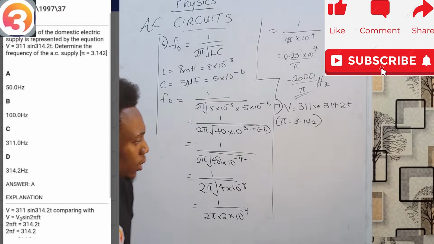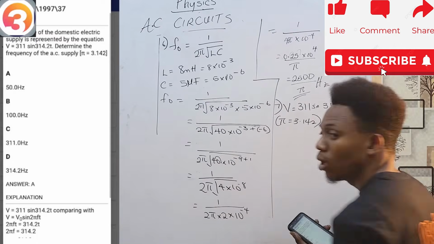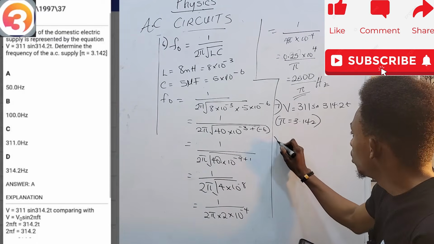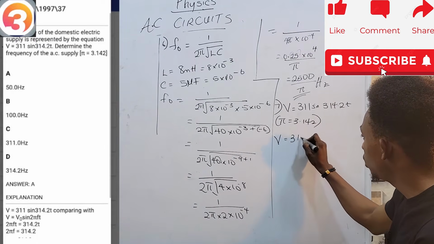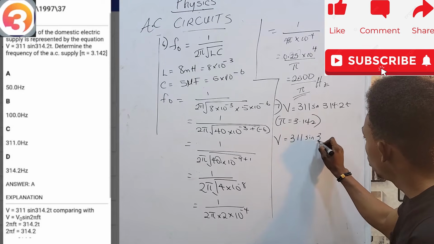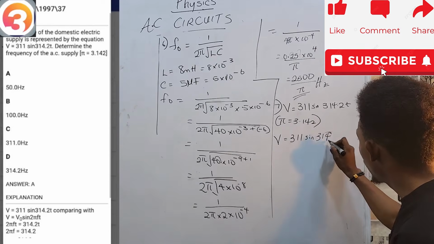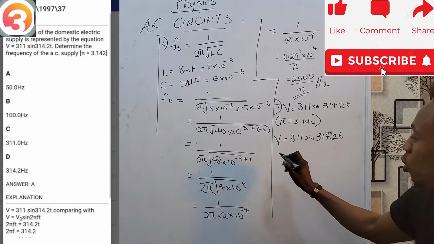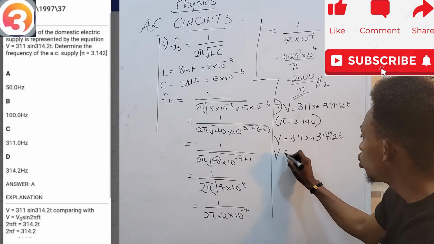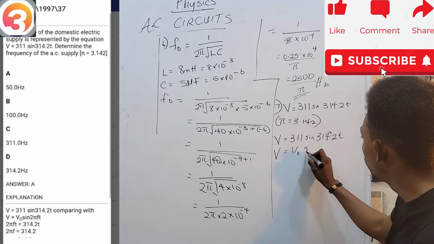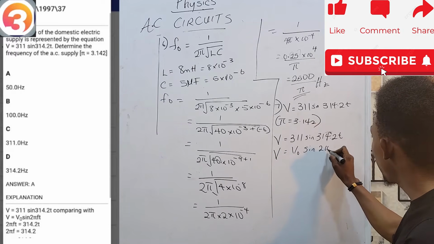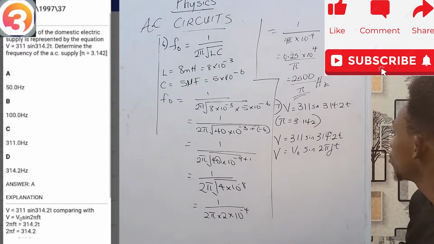This is actually very, very easy. Here's what you do. Simply tell yourself V equals 311 sine 314.2 T. But you know that the equation for voltage should be V naught sine 2 pi f t.